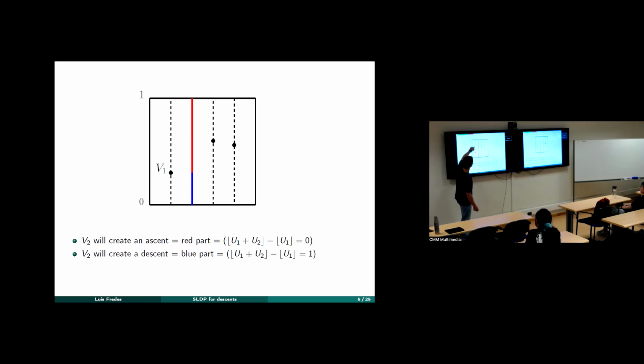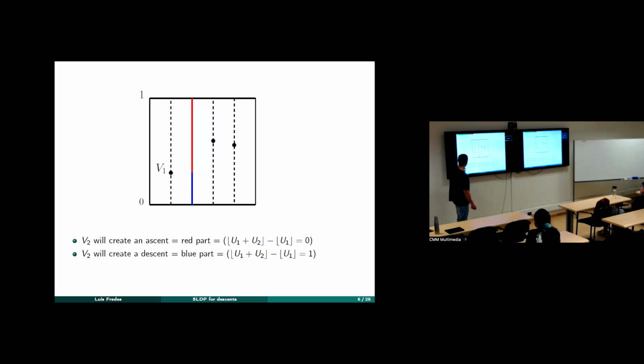Okay, so basically I won't get over 1 in order to get here. So if V2 is defined with increment equals to 0, I will end up in this red part. And if V2 gives an increment equals to 1, it will finish in this blue part.